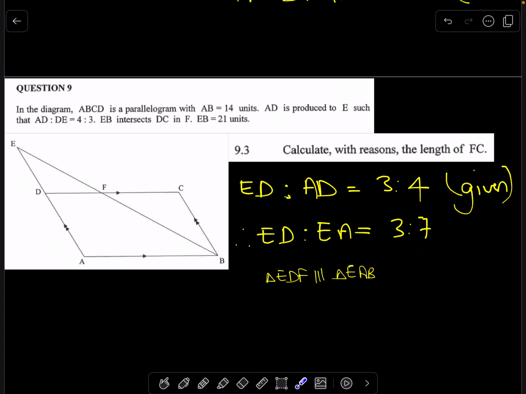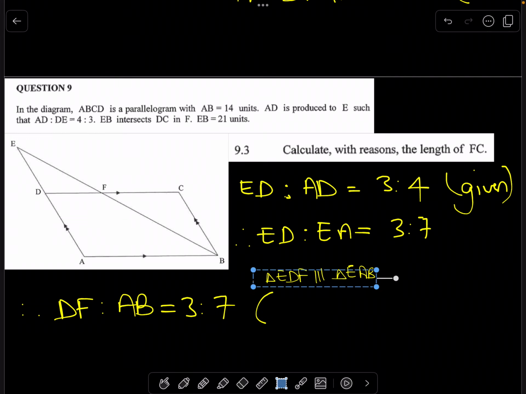So we know that DF and AB will then also have the same proportion as ED to EA. So it's also going to have a ratio of 3 to 7. So DF to AB is also going to be equal to 3 to 7, and this is actually the reason.